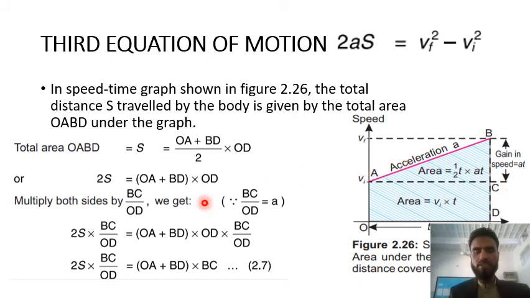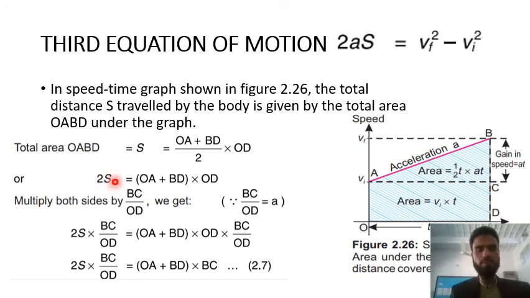It means that if we multiply BC by AC to this side, actually AC over here is equal to OD, so you can write AC or OD, both are same. So if we multiply the ratio of BC and OD to the left side, we will get acceleration, because BC over OD is equal to acceleration.